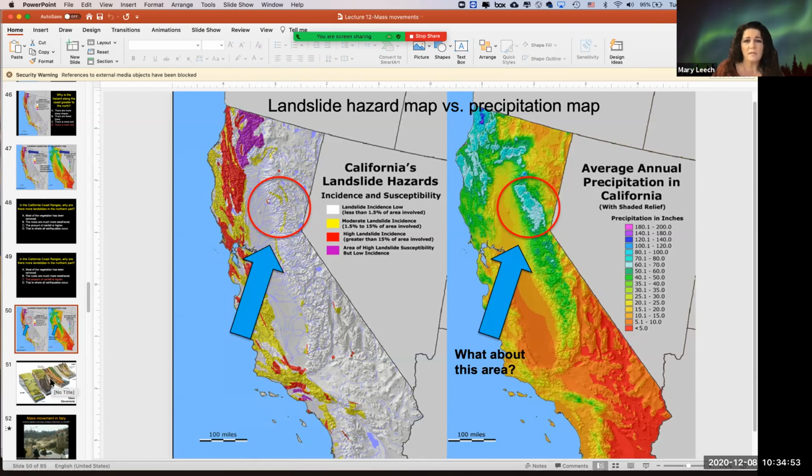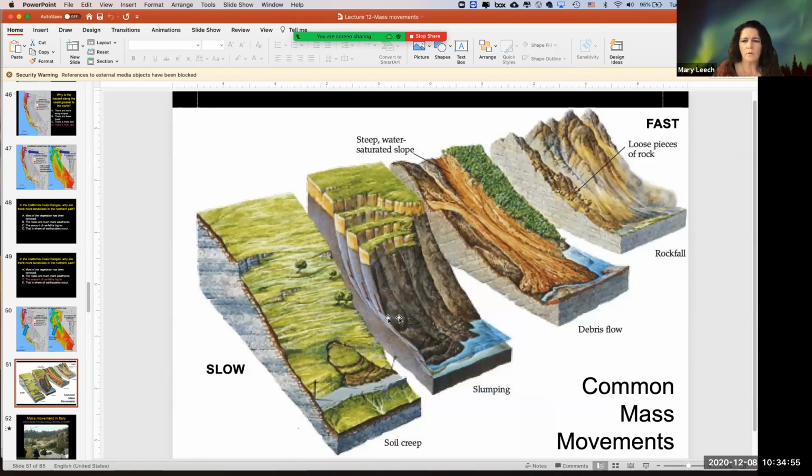what slides, the overburden. I like this diagram because it shows sort of the range of types of mass movements, from very slow creeping soils like this, a slump, which mostly keeps the land intact, but it slumps down with gravity.